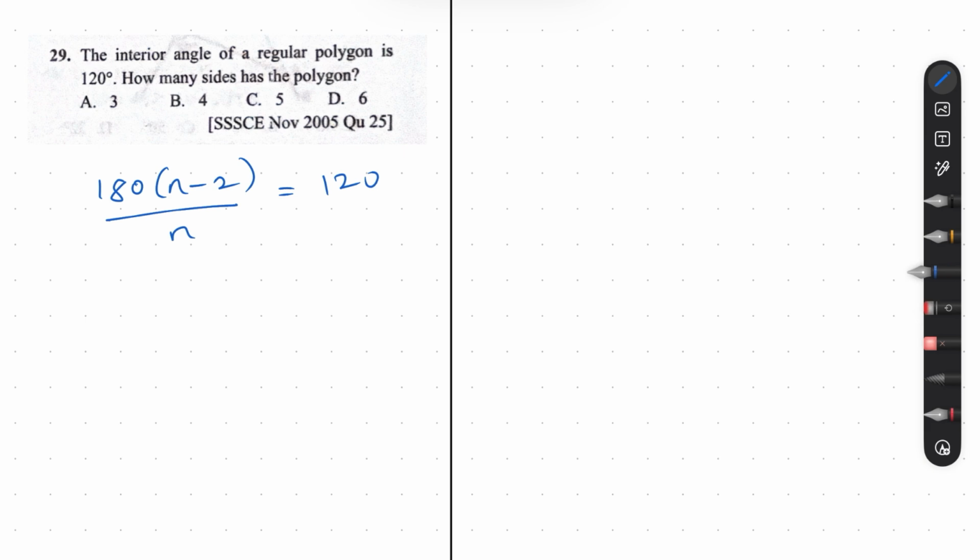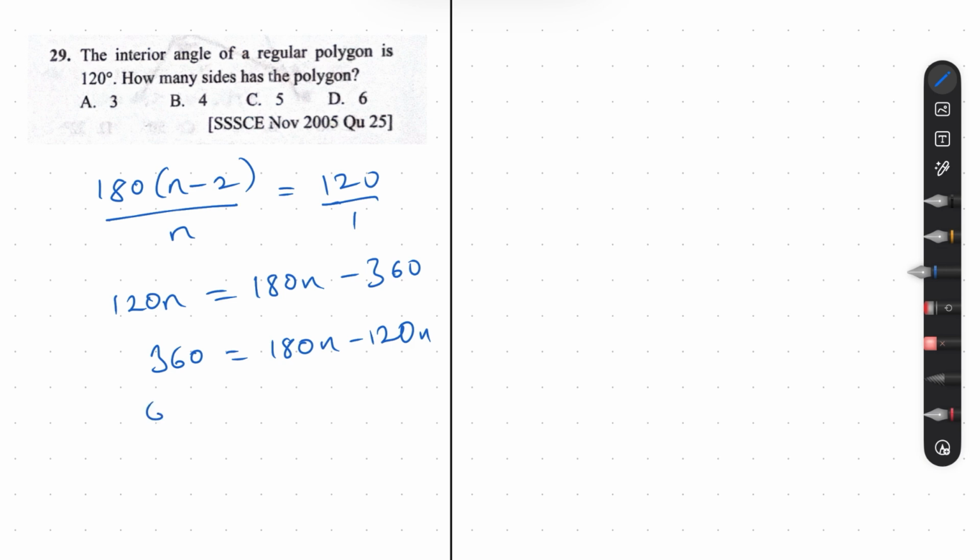We know this is the same as 120 over 1, so we can do cross multiplication. We have 120n is equal to 180n minus 360. So you'd have 360 is equal to 180n minus 120n, so 60n is equal to 360.